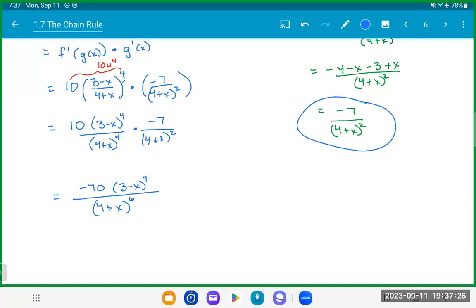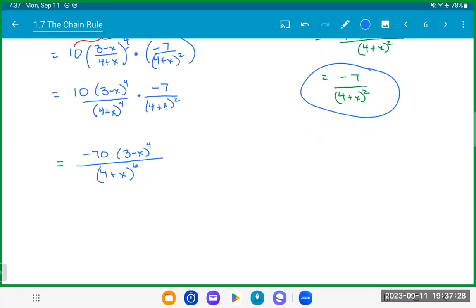Okay. So lastly, we want to evaluate this. The last part wanted us to evaluate the derivative at negative 10. So we want to substitute in negative 10 everywhere in our formula here. And we get negative 70 times (3 minus negative 10) to the fourth divided by (4 plus negative 10) to the sixth.